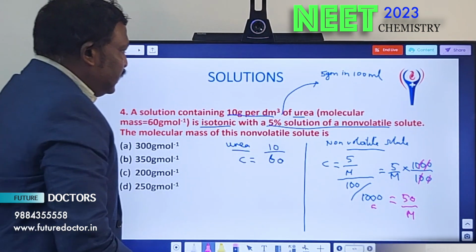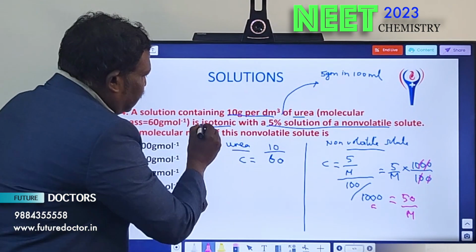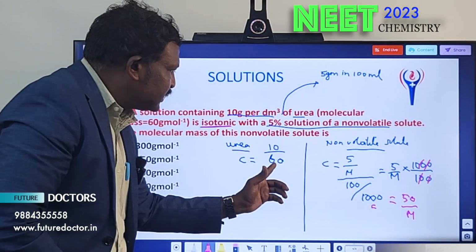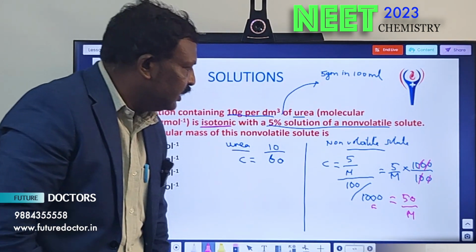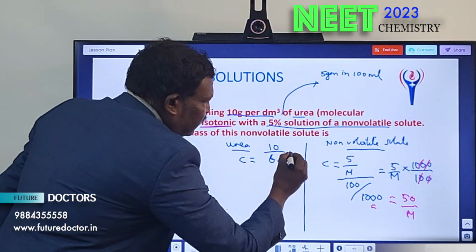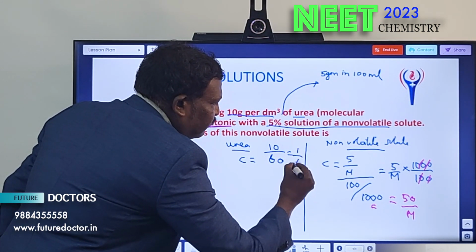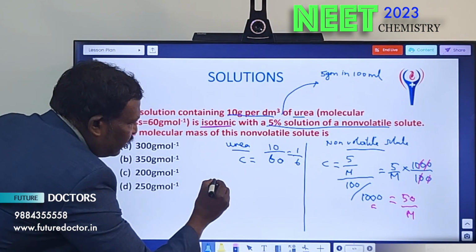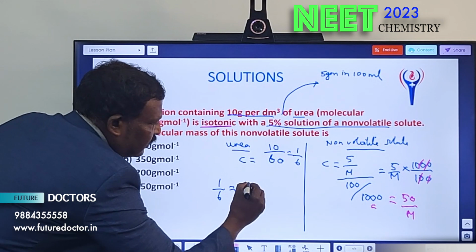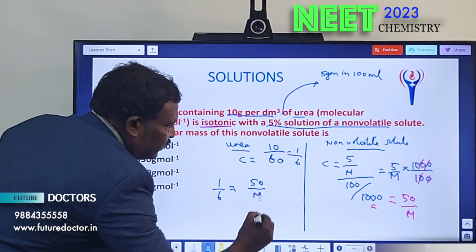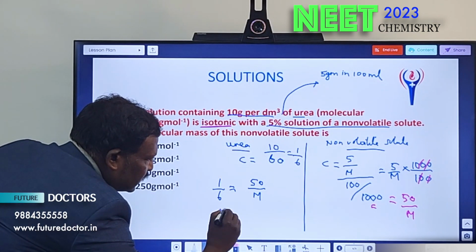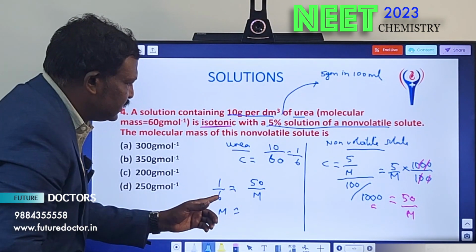Now, isotonic means we have to compare the two concentrations. Here C is equal to 10 by 60. Here C is equal to 50 by M. These two we can compare. So 10 by 60 we can write as 1 by 6. So 1 by 6 is equal to 50 by M. Therefore, cross multiplication, M into 1, M, is equal to 50 into 6, 300.